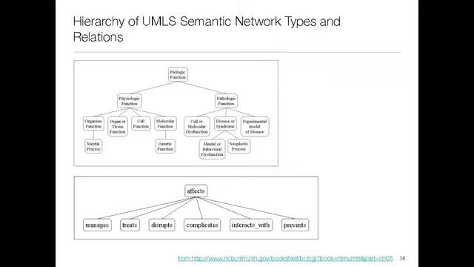So for example, the relations are organized so there's an effects relation which has subrelations: manages, treats, disrupts, complicates, interacts with, or prevents. Something like biological function can be a physiologic function or a pathologic function. And again, each of these has subcategories. So the idea is that each unique concept is labeled with at least one of these semantic types, and that helps to identify things when you're looking through the data.